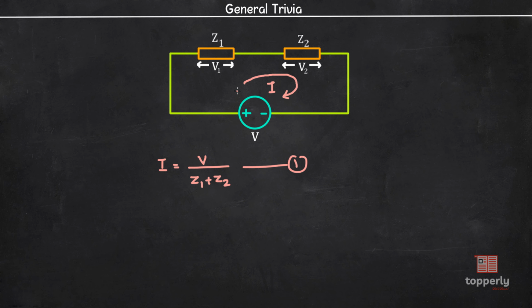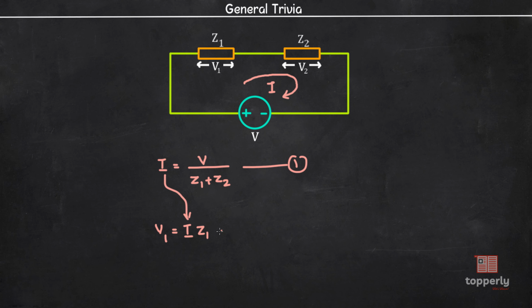Now again using Ohm's law, let's find the voltage across the element Z1. Therefore, V1 is equal to current through Z1, which is I, into Z1. Also from equation 1 we know that I is equal to V by Z1 plus Z2.